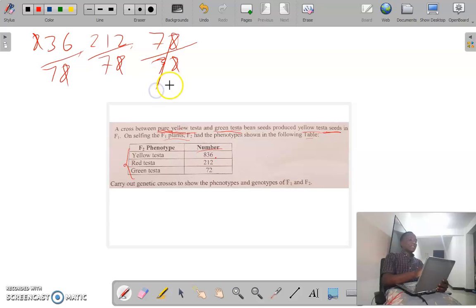So 78 divided by 78 will be 1. Now I'm approximating, but dividing 212 by 78 is going to range around 3. It will be 2 point something, and when you approximate that, it is going to be 3, below 3.5.